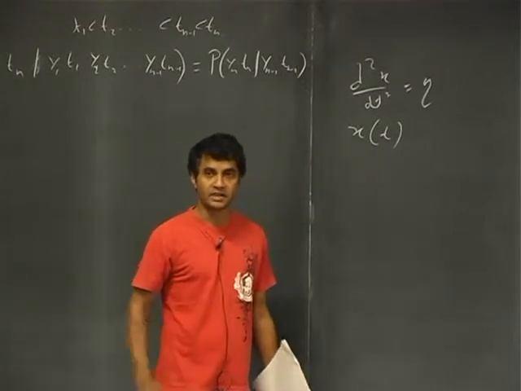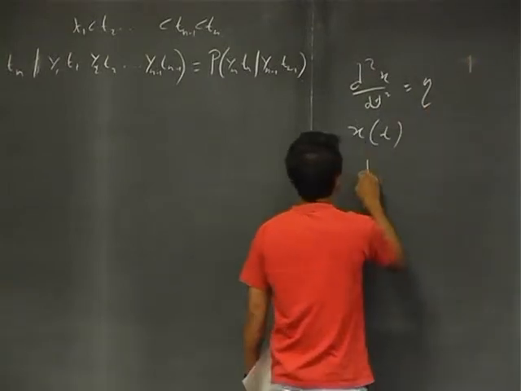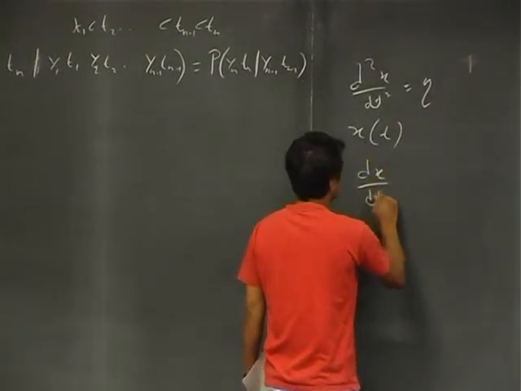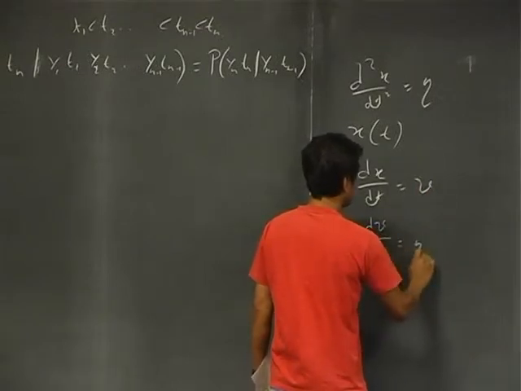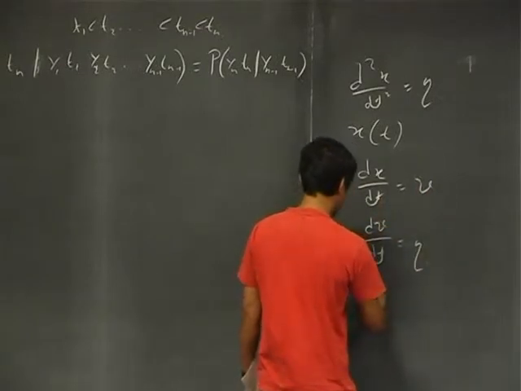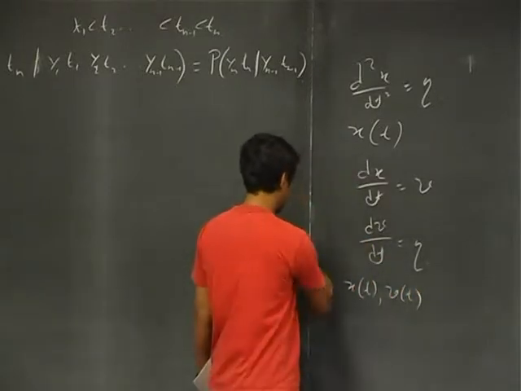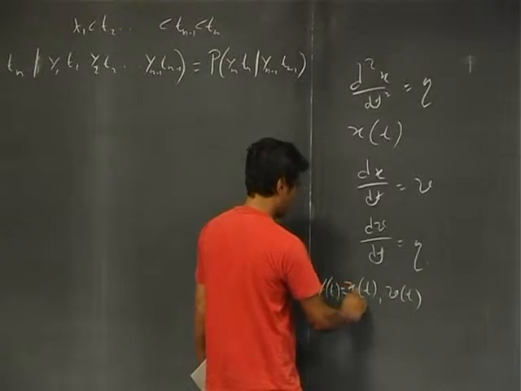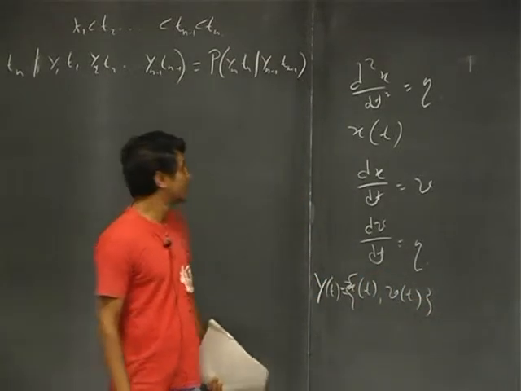You need xt and vt. So you can make it Markovian immediately by just defining dx dt equal to v and dv dt equal to eta. So now I have two variables, so it's a two-variable stochastic process. And now this process is Markovian, right?